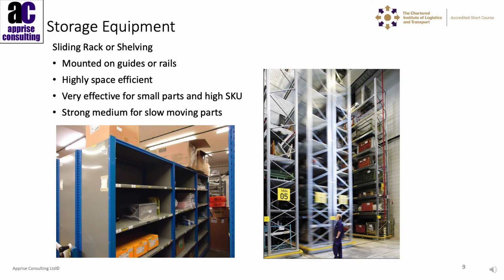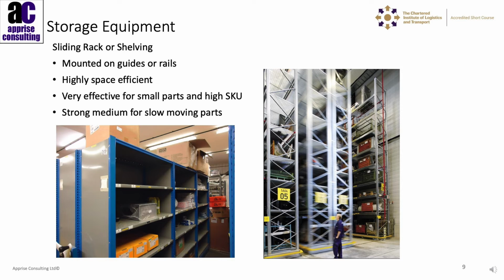So this is called mobile racking and also mobile shelving, sometimes referred to as sliding racks and shelves. So these are mounted on guides and rails, and they open up when you actually require an item from a location.